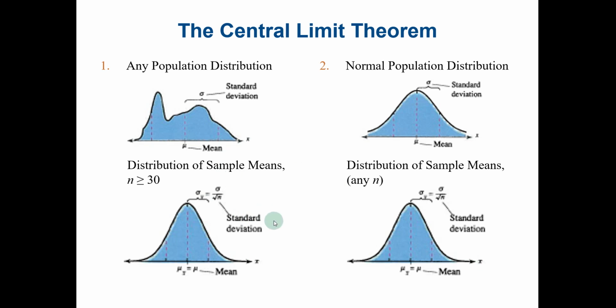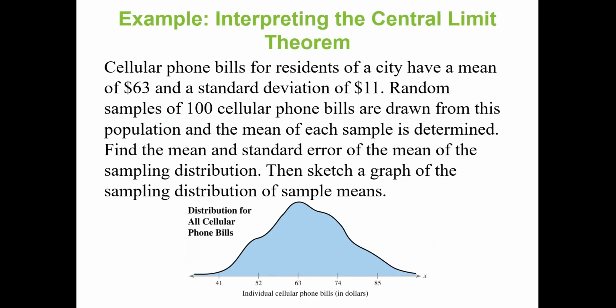Now, even if you don't understand this theory I'm talking of, once we start doing exercises, it's going to be very clear. Let's take this example. You are told that the mean is 63, standard deviation is 11, and the n, which is the sample size, is 100. Now, this is where you have to be very careful.